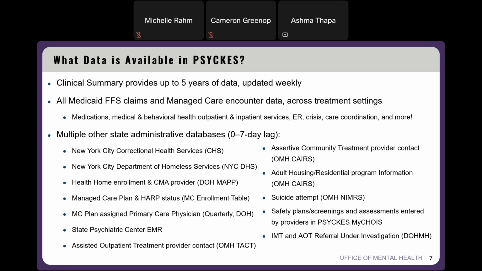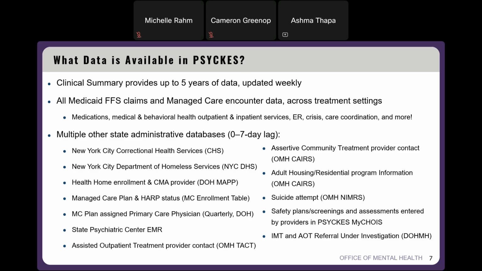We also have Department of Homeless Service data from New York City, and this gives you the shelter name, the program type, the placement date and exit date, along with exit reason, as well as the shelter director contact information. Then we have health home enrollment and CMA provider information coming from DOH map.